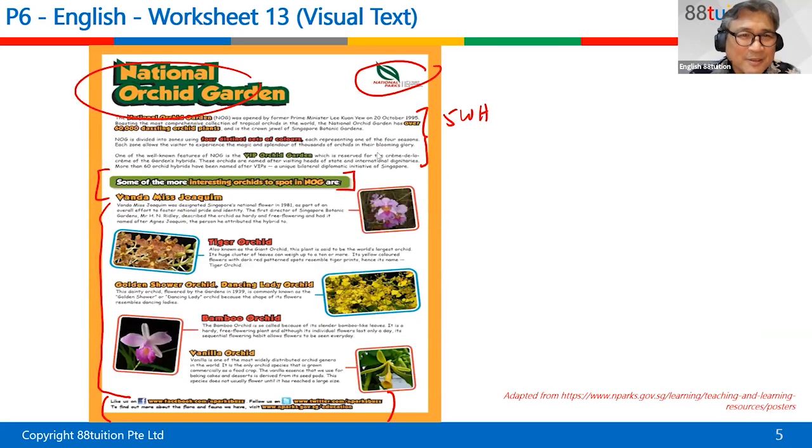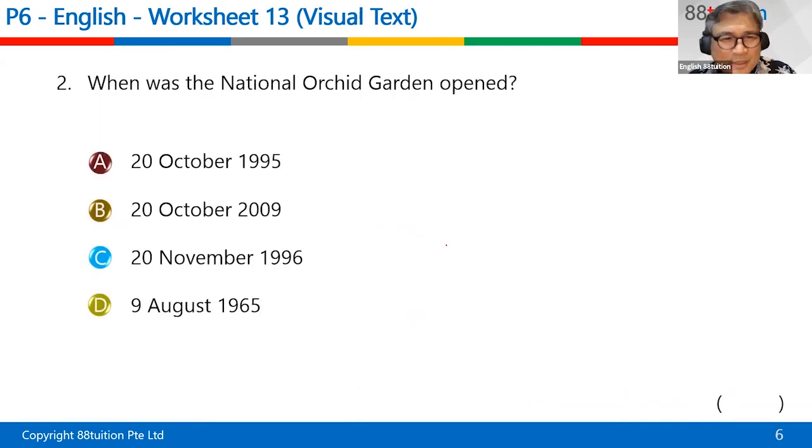Everybody got it right. Okay, because of the when is here, right? 20th of October 1995 was opened by our first Prime Minister of Singapore, Lee Kuan Yew. Right? So this definitely is the answer. This is a very straightforward kind of question and answer. Right.